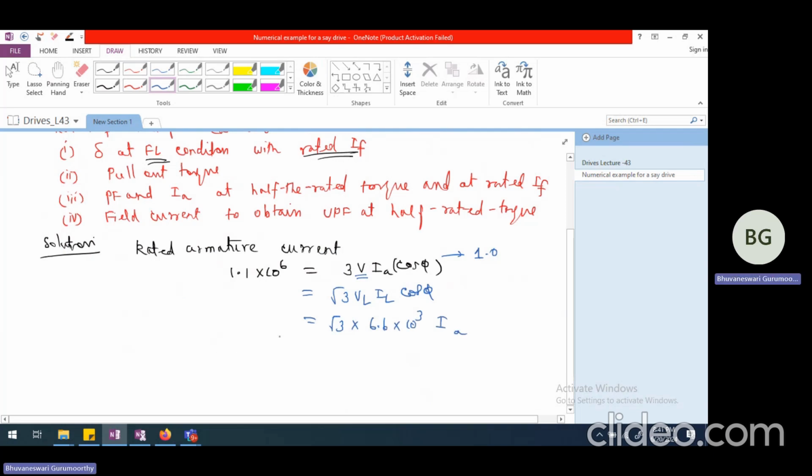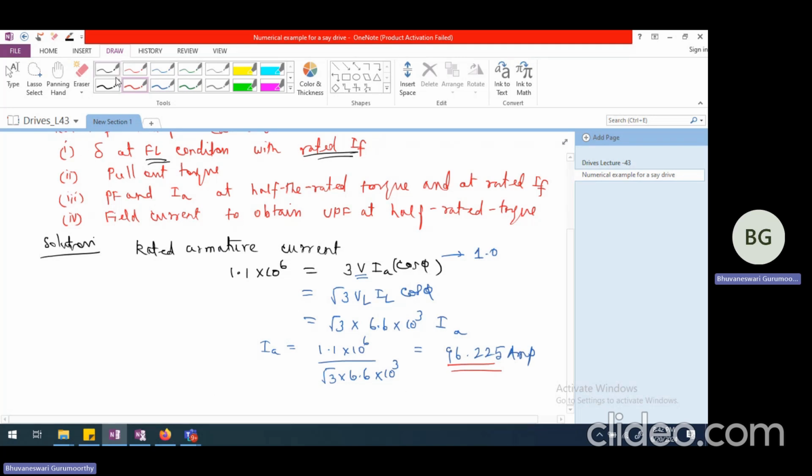From which IA is 1.1 multiplied by 10 power 6 divided by root 3 multiplied by 6.6 multiplied by 10 power 3, which comes out to be 96.225 ampere. So this is the rated armature current.